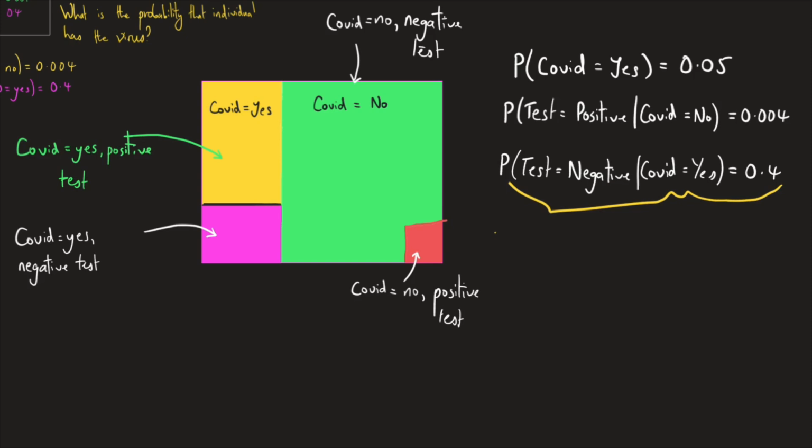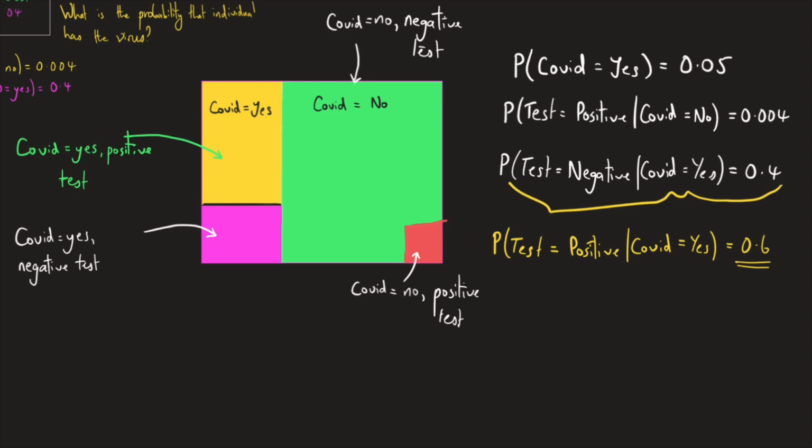So from this, the probability that the test is positive, given that the individual has COVID, is going to be equal to 1 minus 0.4, which is equal to 0.6. Now, from this, we can calculate the size of these two areas. We can calculate these sizes to help us to understand the probability that the individual has COVID, given that we observe a positive test.